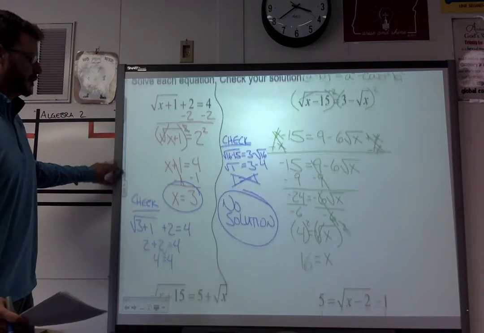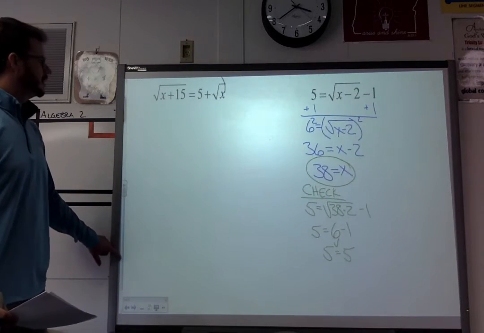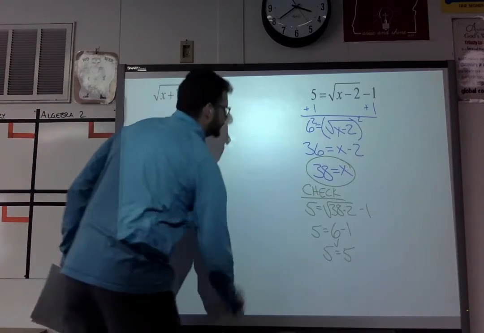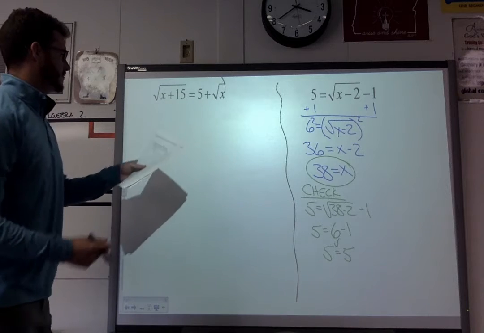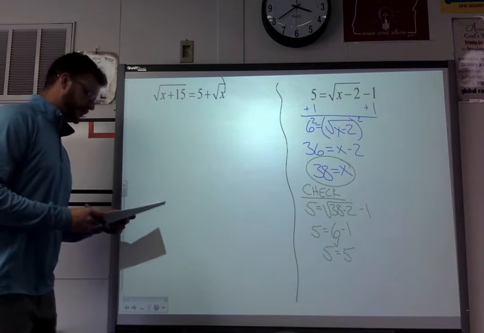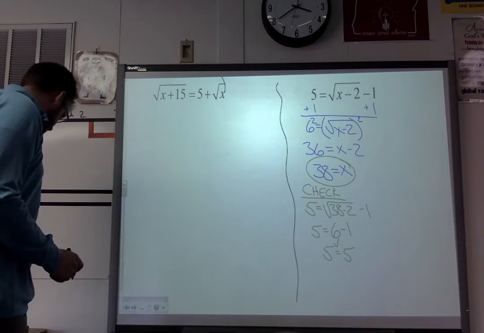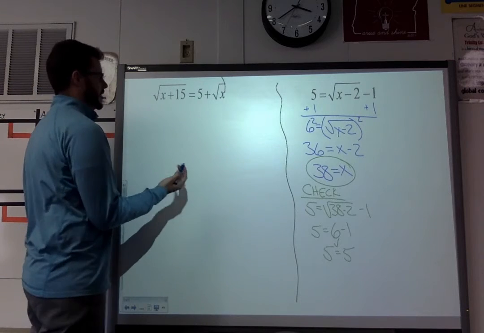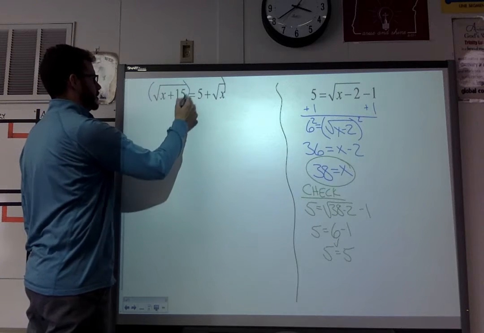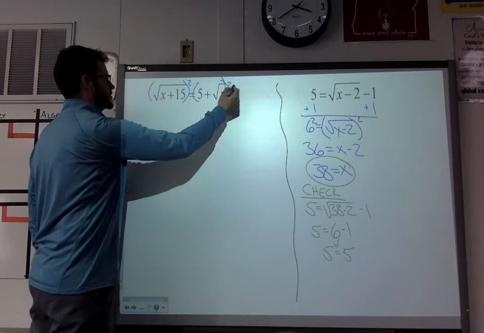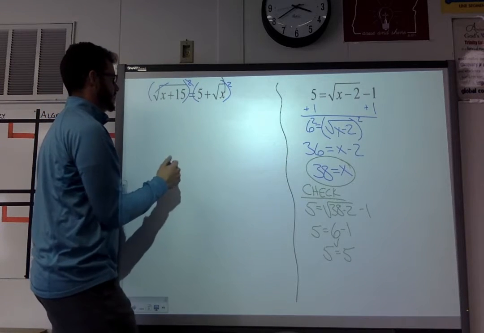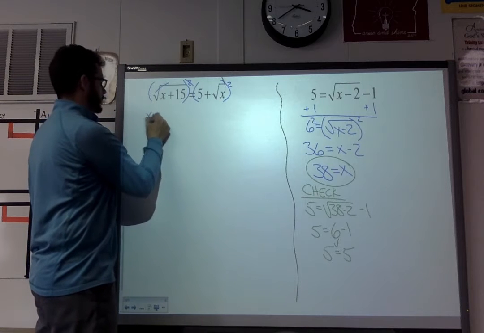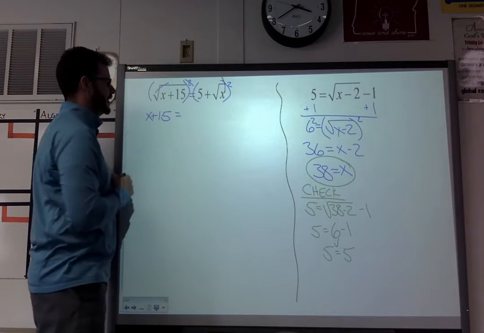Now let's walk through one more of those. Here we have the square root of x plus 15 is equal to 5 plus the square root of x. Now again, we're going to start by squaring both sides. Since this side is all under the square root sign, that just cancels. I'm left with x plus 15 on that side.